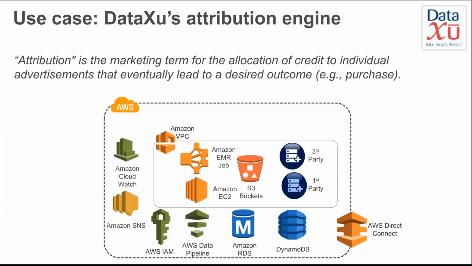When the EMR job starts, it initializes with some data from RDS, and then it operates during the load on a DynamoDB table. And the attribution is extremely important for the customer because it helps them to figure out which touch points provide the most value. So they know whether a particular ad that they placed is providing the same amount of value that was paid for it. It's very important for a bidding platform.